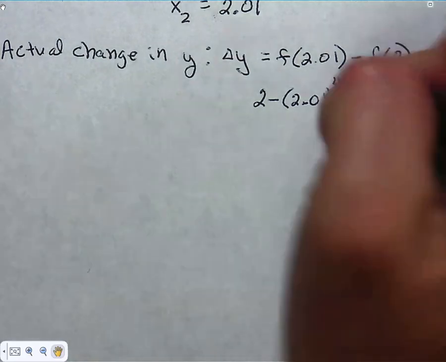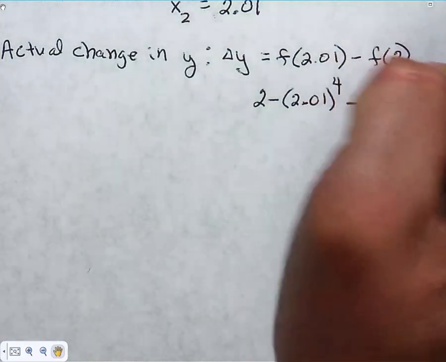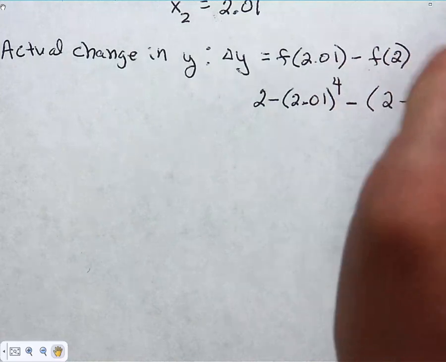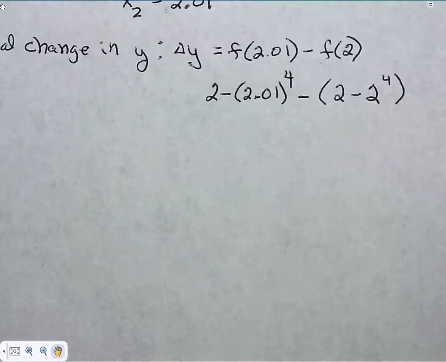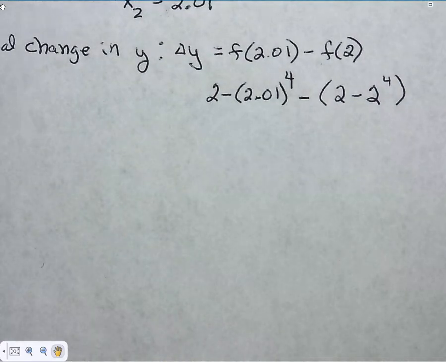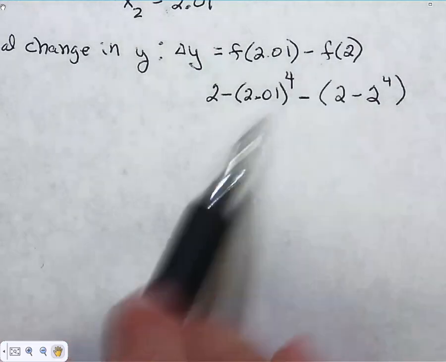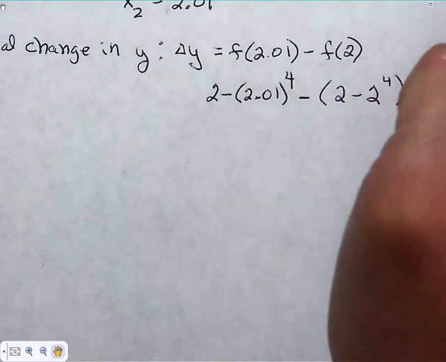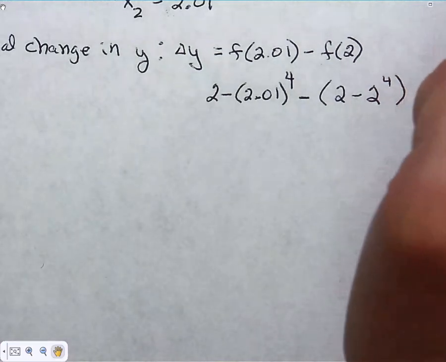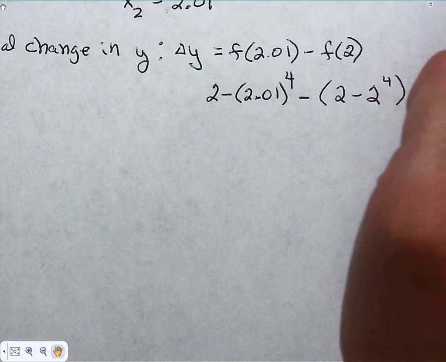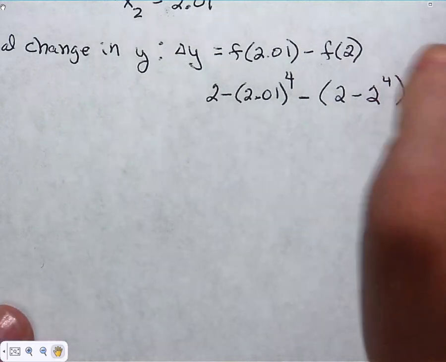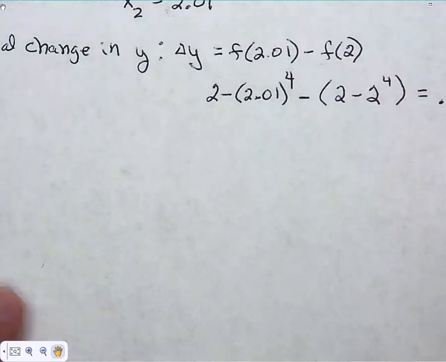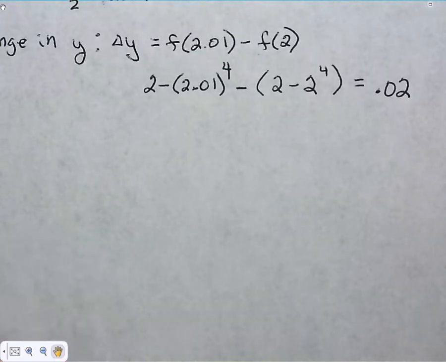And if I put 2 into the function, I'd get 2 minus 2 to the fourth. f of 2.01 minus f of 2 would be the actual change in y. Somebody can punch it to double check real quickly, but I did this yesterday and I got delta y is 0.02.